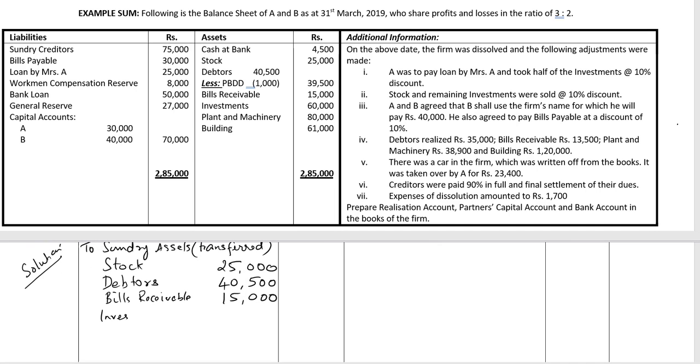Investments 60,000 rupees. Plant and machinery 80,000 rupees. And building 61,000 rupees.